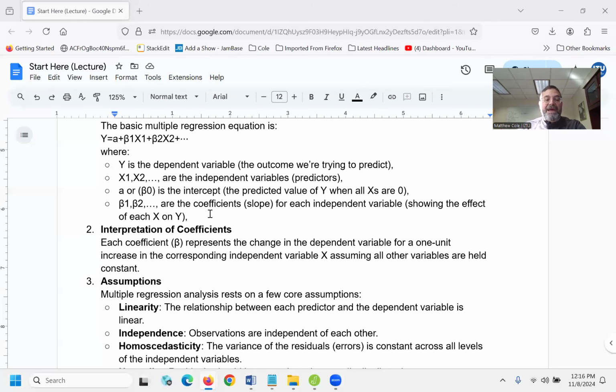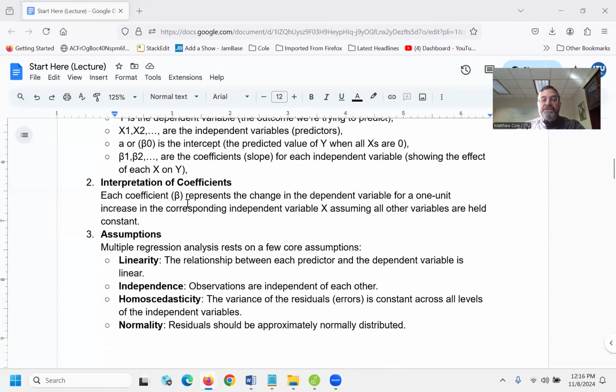And remember, we can ask for the output to include the unstandardized, which is the actual change in Y in the units of the variables, or we can get an output that also includes the standardized beta, which standardizes all of the coefficients so that you can look at them holistically, comparing them to each other in a standardized unit.